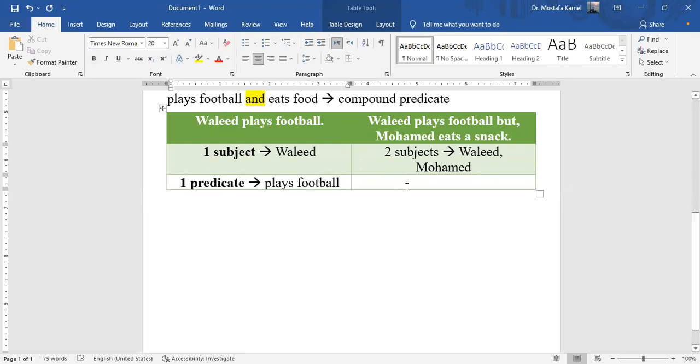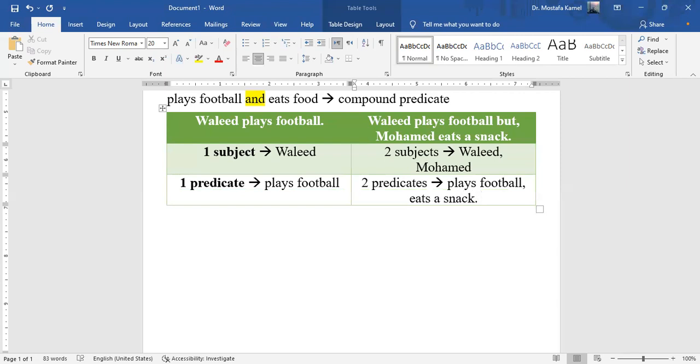And here, Muhammad Kareem, how many predicates do we have here? Two. What are they? He plays football and eats a snack. Very good.